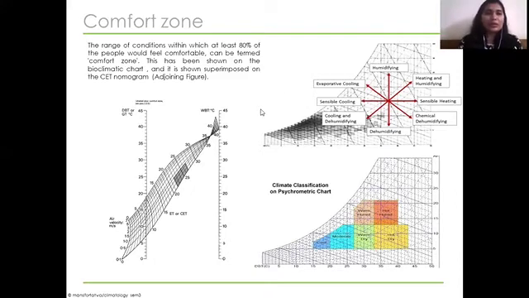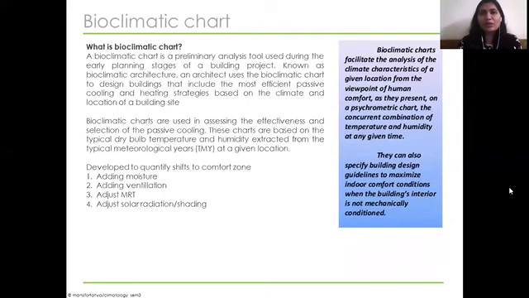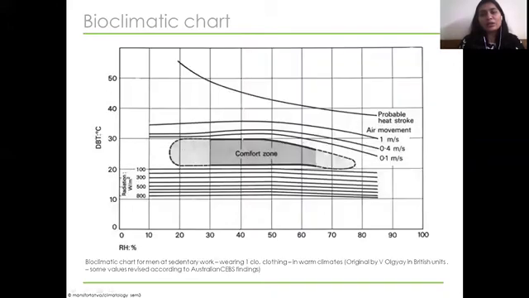So yes, we will move ahead to the next topic, which is the bioclimatic chart. Now, bioclimatic charts are tools to plot your dry bulb temperature and relative humidity and recommend any design changes or any changes in the indoor microclimate to be done.